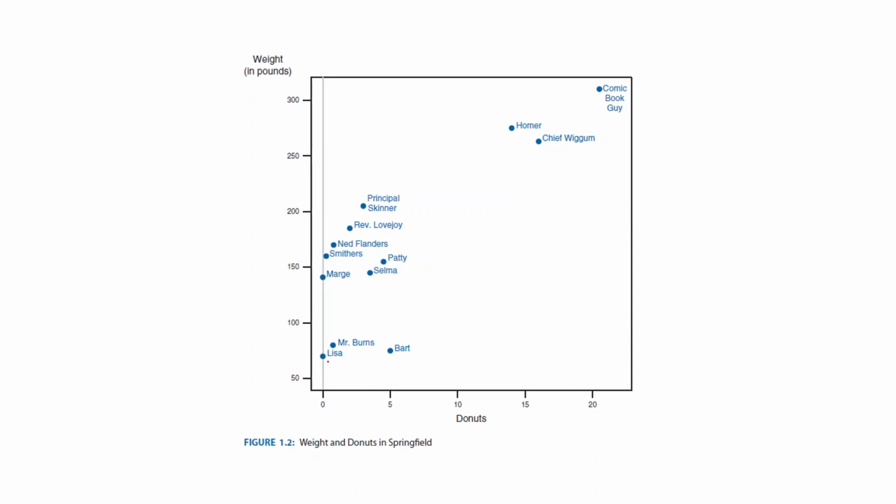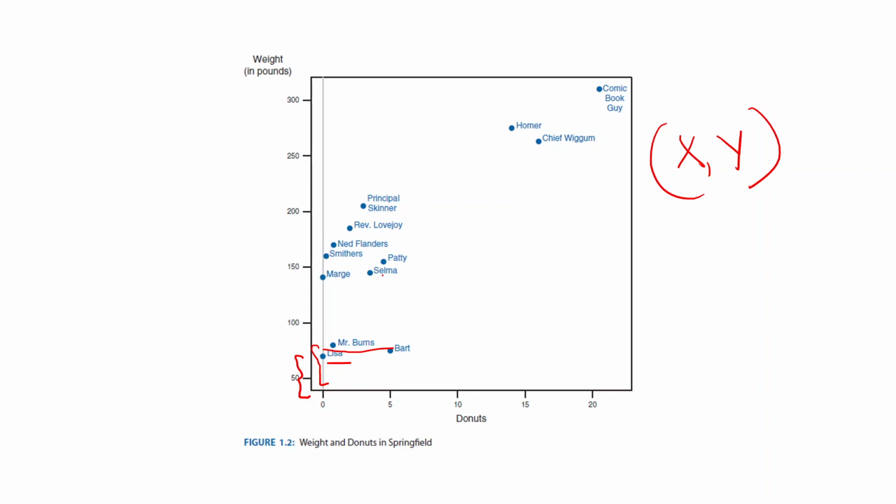If we talk about this person, Lisa, the value on the x-axis is 0 because she's not consuming any donuts, and her weight is this. If we talk about this person, he is consuming 5 donuts per week, and his weight is this. So a scatter plot basically plots a combination of x and y values.